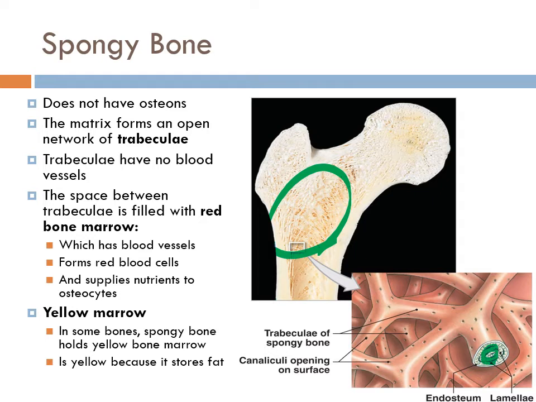All of the nutrients are coming through the canaliculi, which are the little openings into the trabeculae themselves. Some bones are full of yellow marrow, which is just fatty marrow, and it's just for fat storage, while other bones are full of red marrow where blood cell production is occurring.